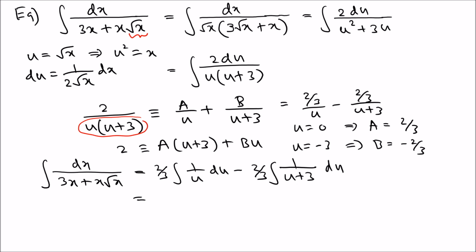This is very easy to integrate. So you get 2/3 ln u minus 2/3 ln of u plus 3 plus C.